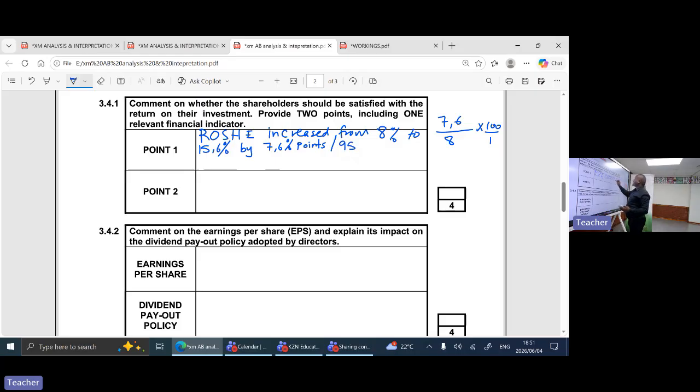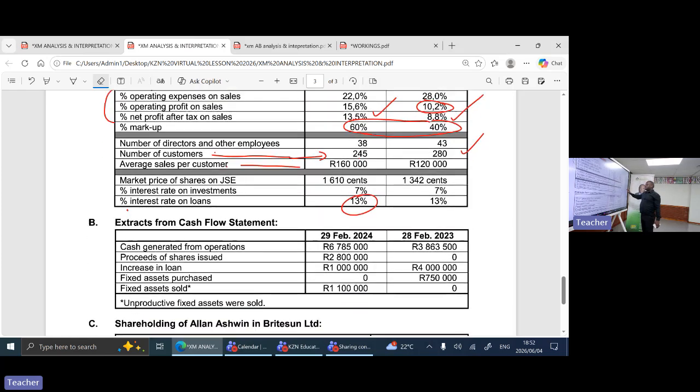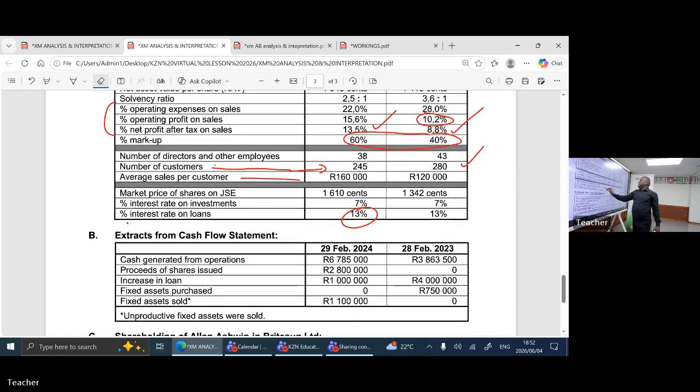By 95%, which is a very big increase of our ROSHE. So it's increased relatively by 95%. Then let us look at the interest on alternative investment. So the interest on fixed deposits should be given here, right? It's 7% here. The interest on fixed deposit is 7%.